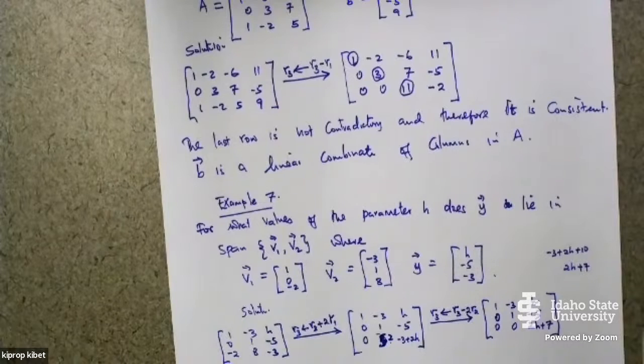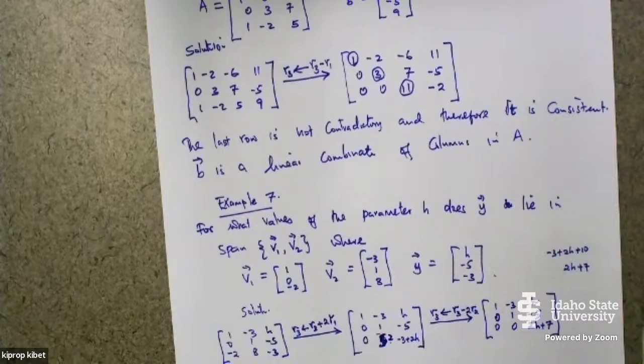Now, for what values of the parameter h does y lie in the span of v1, v2? So what can we see from here? For this one to be consistent, if we make the value of h, let's say, 1, then it becomes contradictory, right?